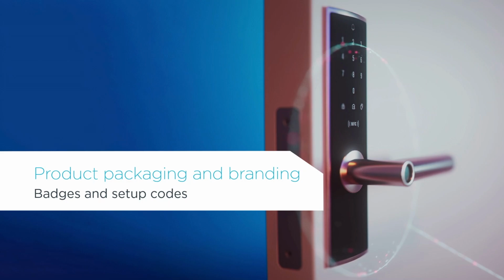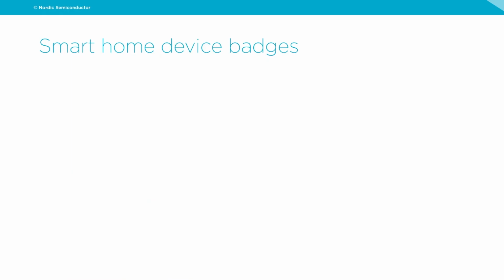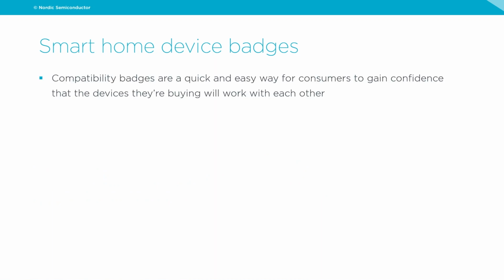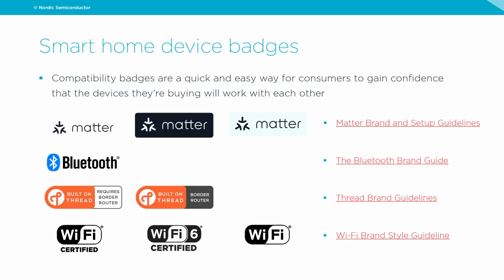Let's take a moment to talk about product packaging and branding. Compatibility badges are a quick and easy way for consumers to gain confidence that the devices they are buying will work with each other. You already know that to use them, you have to obtain respective qualifications and certifications.